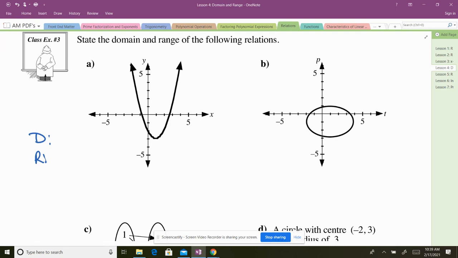So it means it's all numbers, right? So what do we write? x ∈ ℝ. There you go. All real numbers. Because it means x is in the set of all real numbers. That ∈ symbol means in the set of.